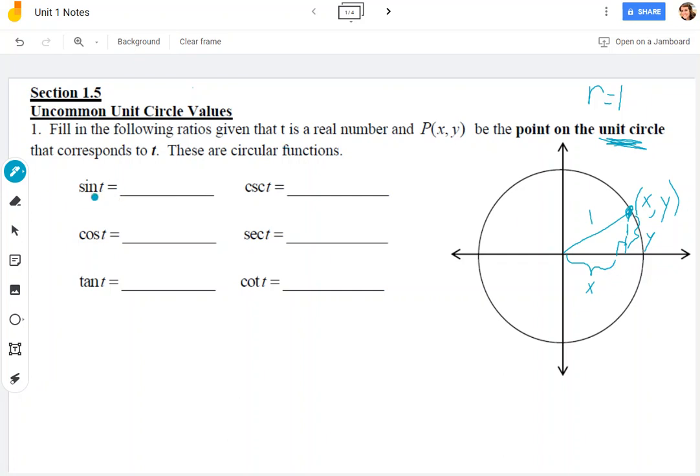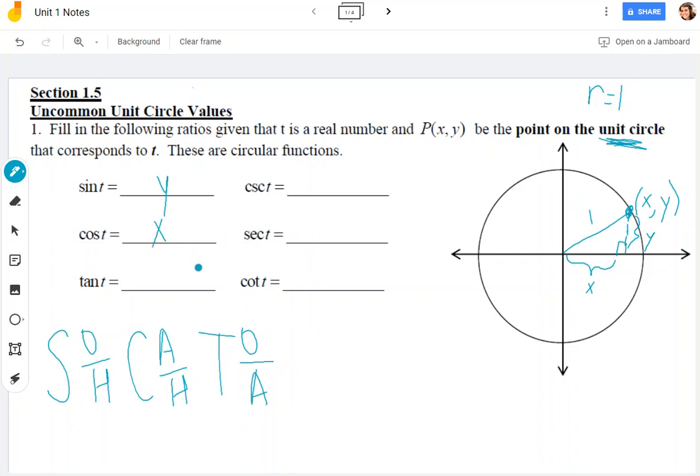So sine is opposite over hypotenuse, you want to think about SOHCAHTOA to help you with this. So opposite over hypotenuse, y over 1, so it's just y. Cosine, we'll get x, and then tangent is y over x, sine over cosine.